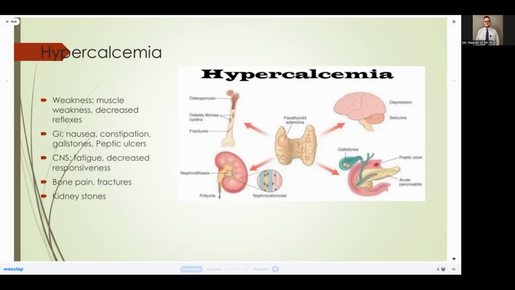Could be caused by a few things. What they're showing here in this picture is that a common cause could be what they call hyperparathyroidism, or a parathyroid adenoma, a tumor that's secreting PTH, parathyroid hormone.